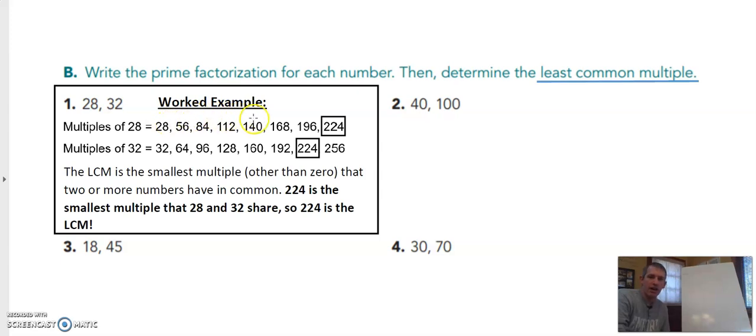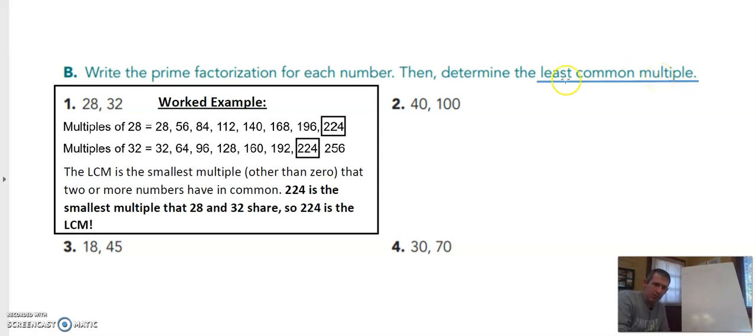And you go on until, maybe 3 or 4 or 5 or 6 numbers, and then you do that with 32. 32 times 1 is 32, 32 times 2, 32 times 3, 32 times 4, 32 times 5, and so on, until you see one that overlaps. Because what we want is the least or the first, the smallest common multiple. So when you see a number that overlaps, that is the smallest number that is common as a multiple.